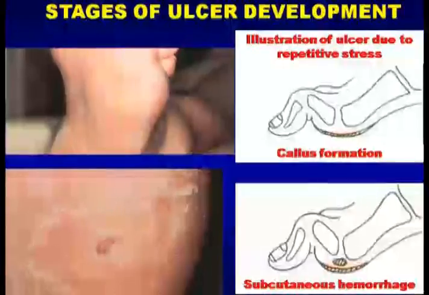This is how the plantar ulcer develops. If we try to analyze, the first step is that because of repeated stress and increased plantar pressure, there is callus formation. And the next step is that because of the callus, the pressure under the skin increases by another 30%, and that leads to tissue damage, mostly hemorrhages in the subcutaneous area.